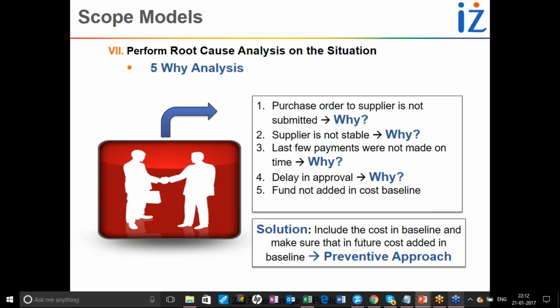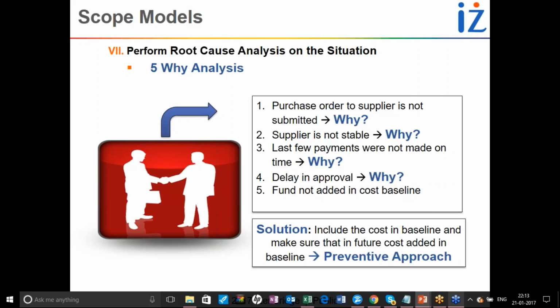procedural flaw, that flaw introduces delays in approval, and what is the reason for these delays in approval? When you try to find out, you identify that the fund is not added in the cost baseline. Now the fund is not added in the cost baseline, you end up going through the external approval, and the external approval takes time.